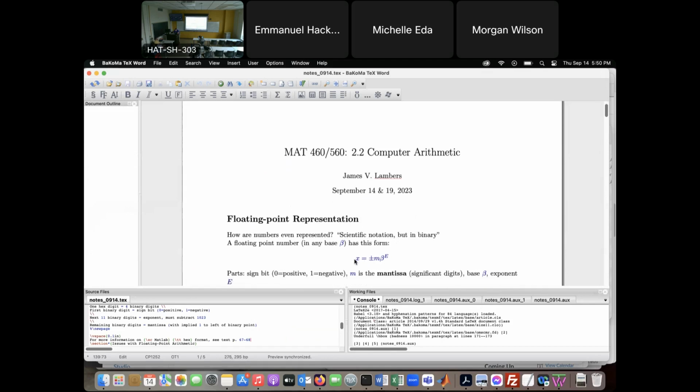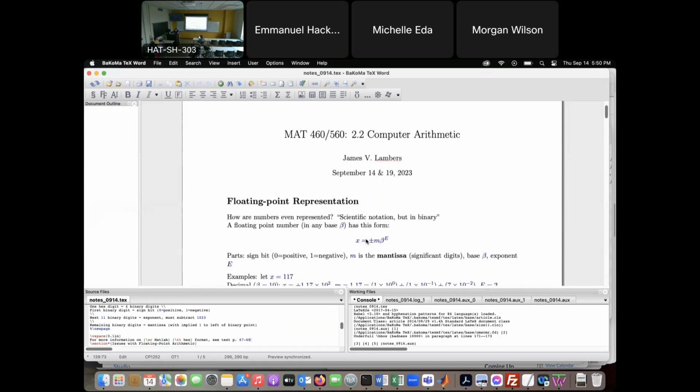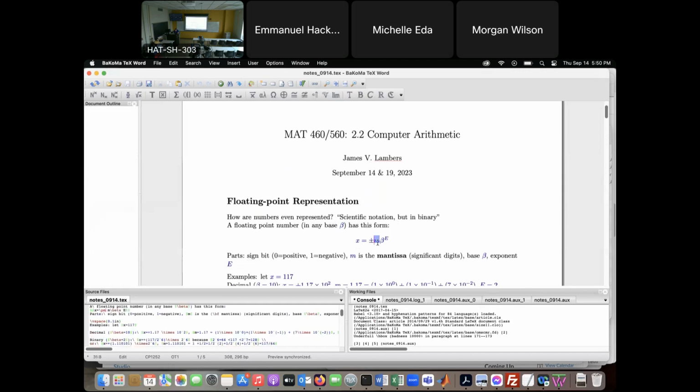So the way the number is represented, the number x has plus or minus, and then we have this number m that's called, apparently this term isn't used anymore, but at least for relics like me, we call it the mantissa.